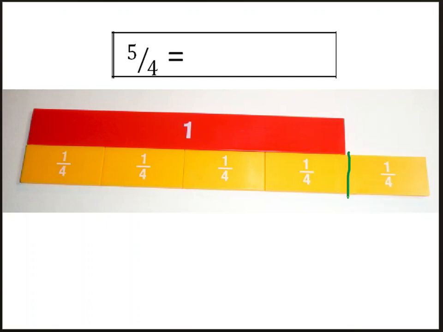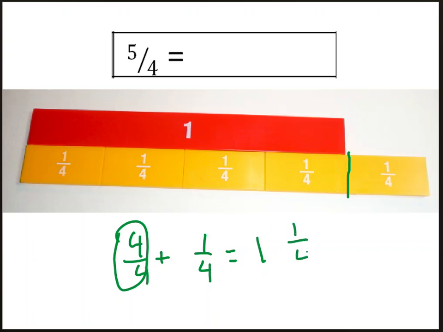We can just divide it up like this. 5/4 is really 4/4 plus 1/4. 4/4 equals a whole, and 1/4 equals 1/4. So it's 1 and 1/4. And look down here. That's 1, and here's your 1/4 right there.